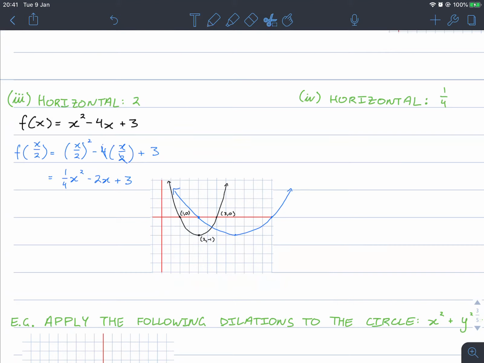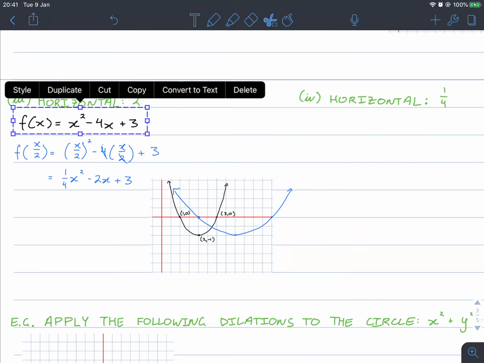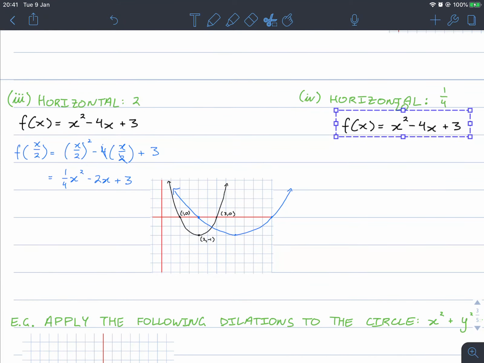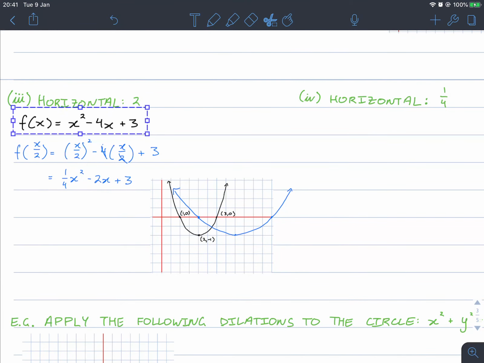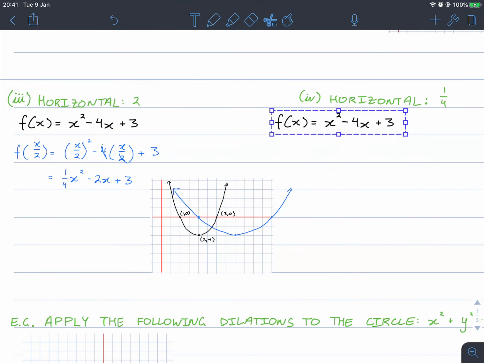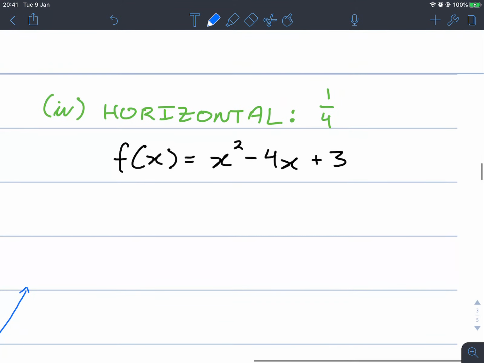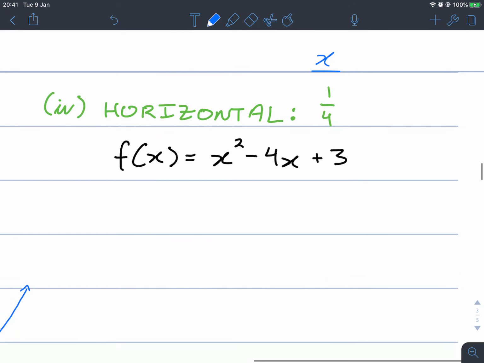Moving right along. Let's do a horizontal dilation of 1/4. So we're replacing this with x over 1/4. So f of x over 1/4.